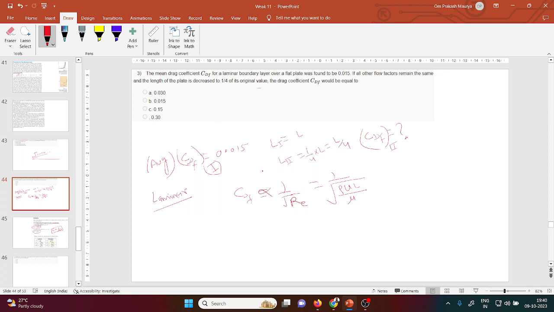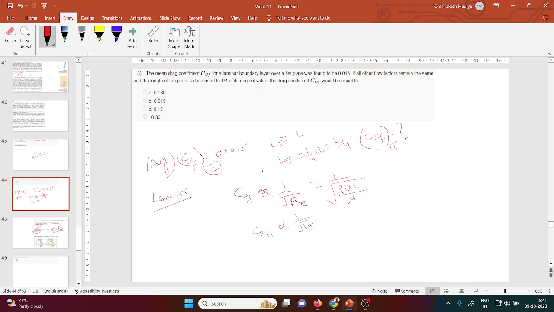Everything is the same as in the previous question; only L is changing. So CDF1 is directly proportional to L1.